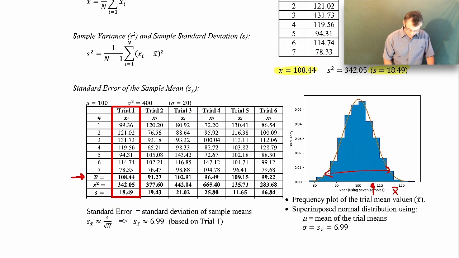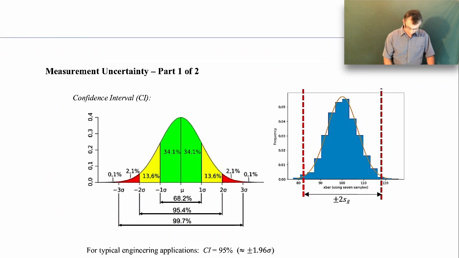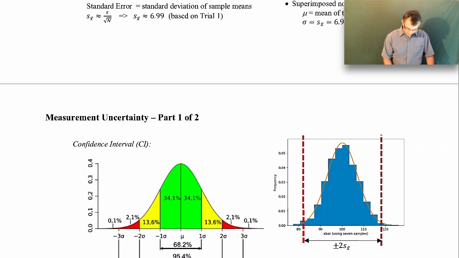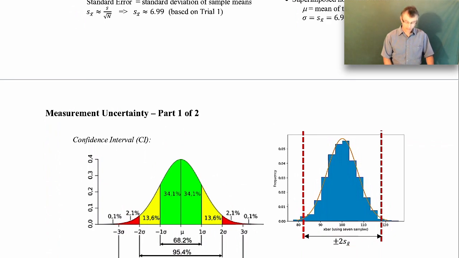Recall our picture here. The blue histogram data just comes from running this experiment multiple times. And this is the distribution of our sample mean values. So to get the true mean, I want to make sure that we're within plus or minus 2 standard errors of the sample mean values from our true mean.